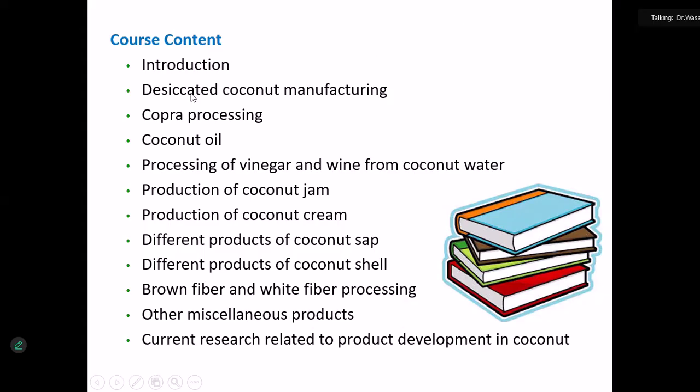Number 1, desiccated coconut manufacturing. Desiccated means removal of moisture from the coconut kernel.